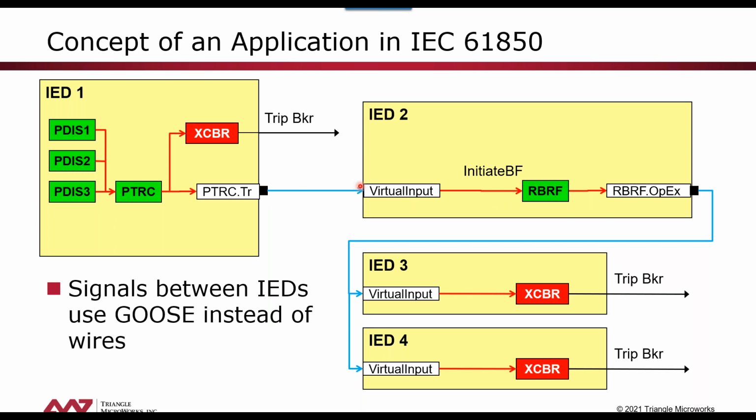With IEC 61850, we now can use GOOSE messages there, so we basically have virtual wires, virtual signals, virtual connections, but now we are using GOOSE messages between the devices to distribute that information. But in principle, the concept of the application stays exactly the same, whether there are devices there or not.